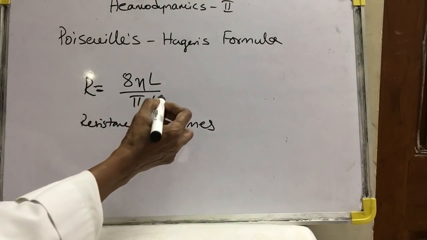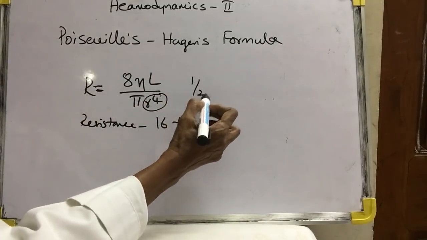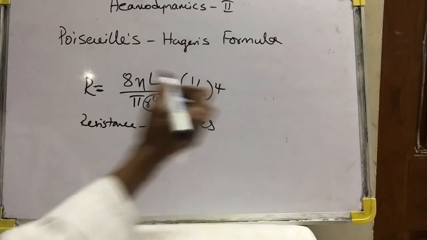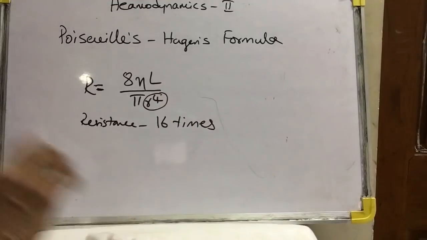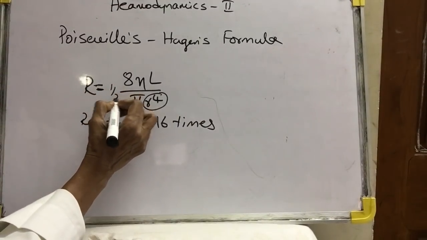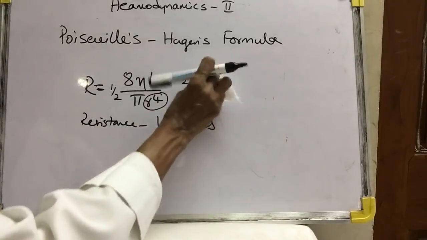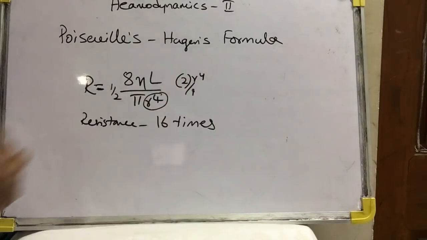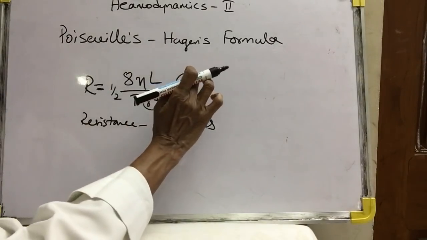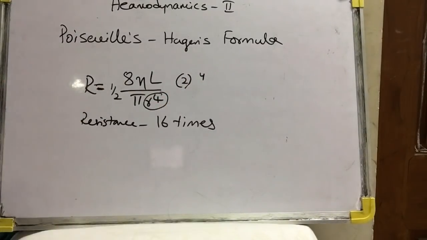If the radius is reduced to half, then the resistance is increased by 16 times.